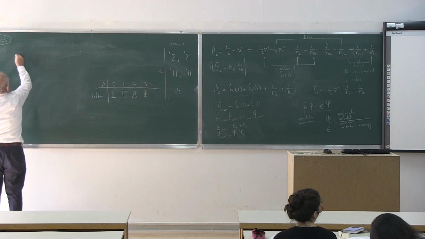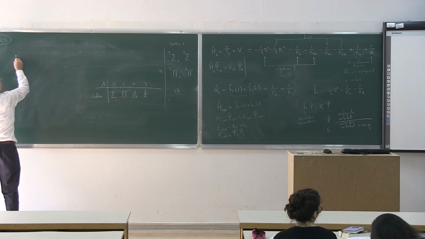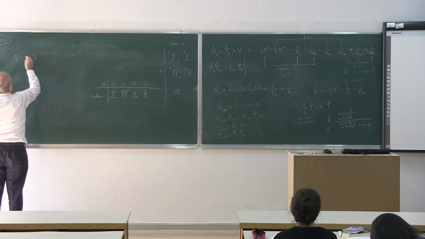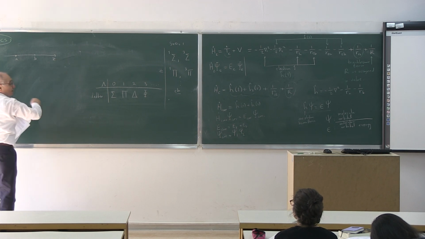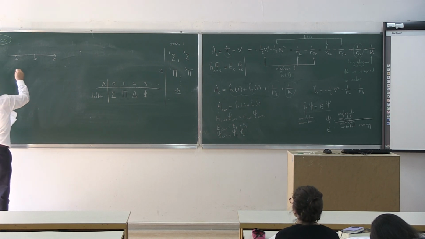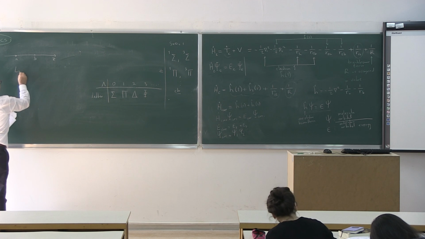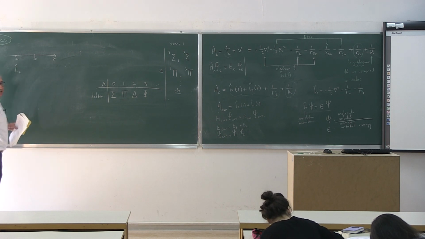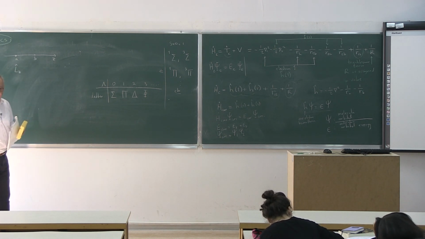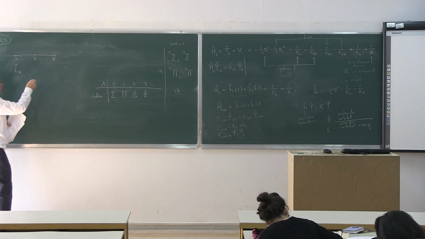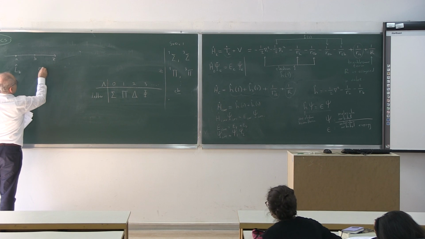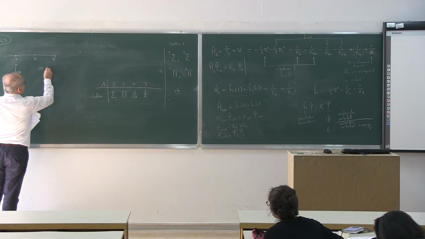Let us indicate our z-axis again. Z-axis is this. We have just one electron here. This is our Lz operator for a single electron. Eigenvalues of Lz for a single electron are m values.